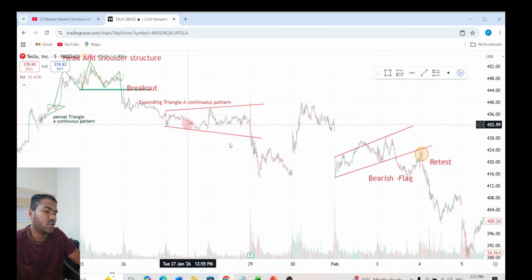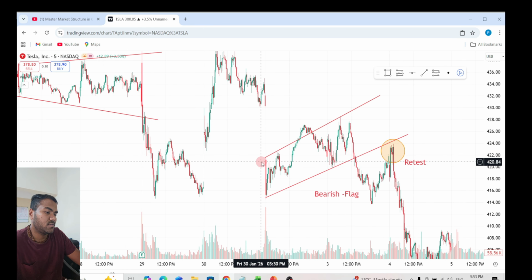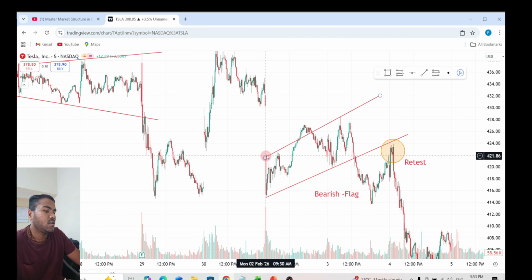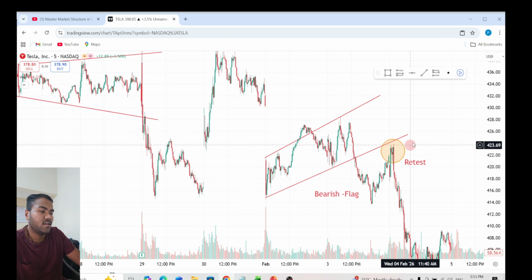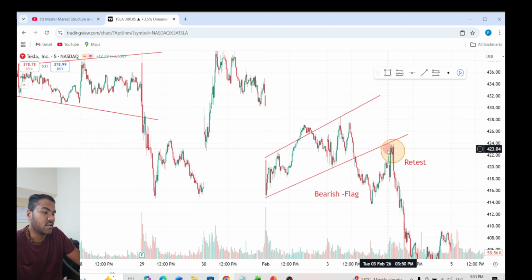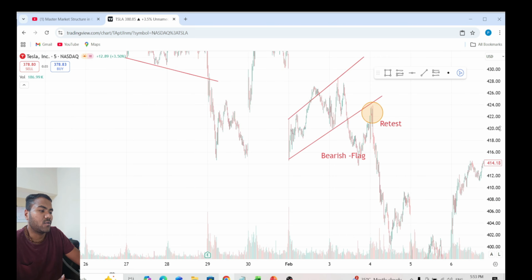So as you know, the following trend is a downtrend, and in this downtrend the market follows up with a bearish flag pattern, which is very common in a downtrend, and it is my favorite pattern. I follow this pattern very much if the market is following a downtrend. So you can see after the breakout of this pattern, the market gets back again for the retest, and after that it follows in a down direction.